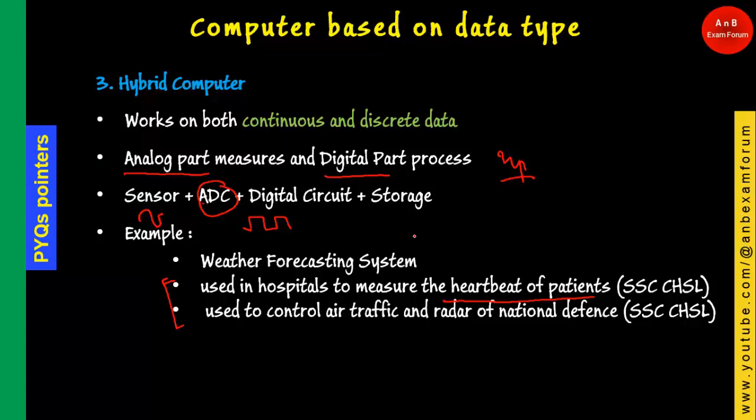And like air traffic and radar, where is the plane, or the flying device which is going to be captured by radar. Radar is again an analog device which converts the data into digital circuits, and that will be processed by a digital computer. So in this way, this whole computing thing is a hybrid computer. Okay, and this pointer was asked in SSC CHSL.